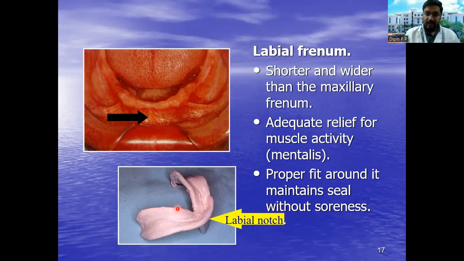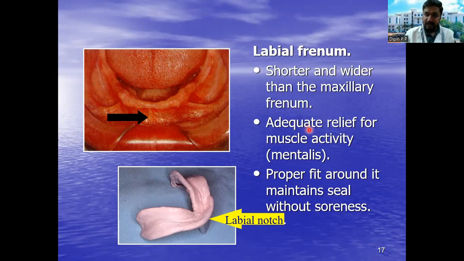In the mandible, we have the labial frenum anteriorly. The labial frenum is shorter and wider than the maxillary frenum, and needs adequate relief for the muscle activity. Then proper fit around it maintains the seal without soreness. So these factors are the same as for the maxillary labial frenum.